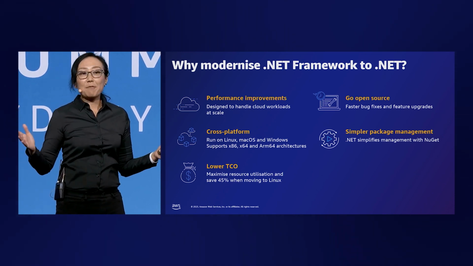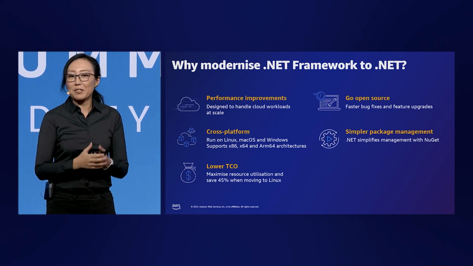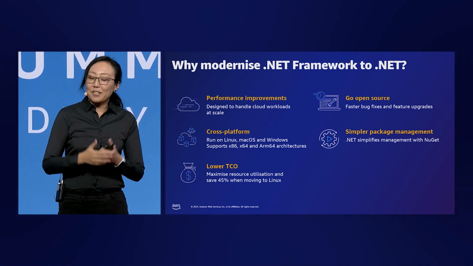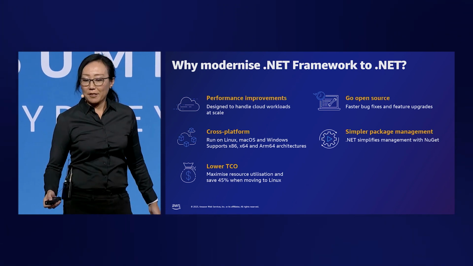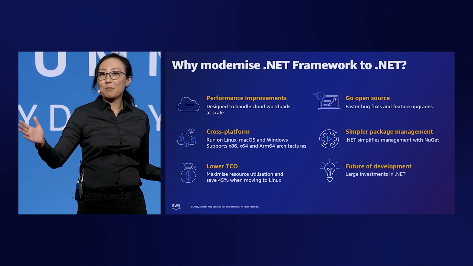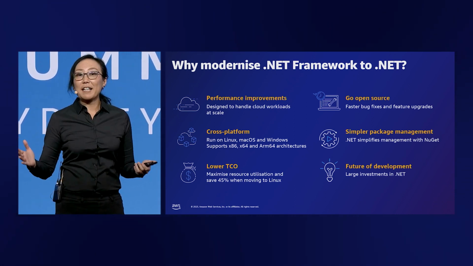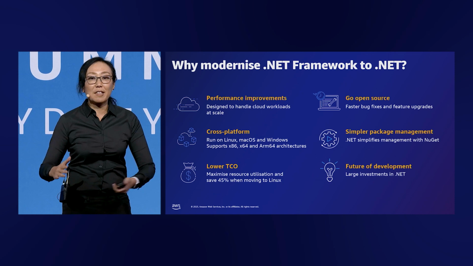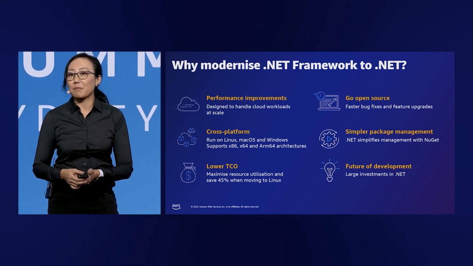Now, the .NET framework is serviced using Windows updates, whereas .NET is modular based on the package manager NuGet. Now, NuGet simplifies the packages that are managed within your project. And last but not least, .NET is the future of development. New applications should be built using .NET instead of the .NET framework, and .NET 6.0 is the latest long-term support release.